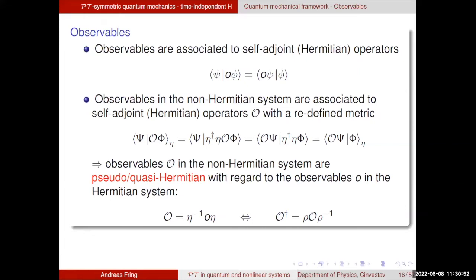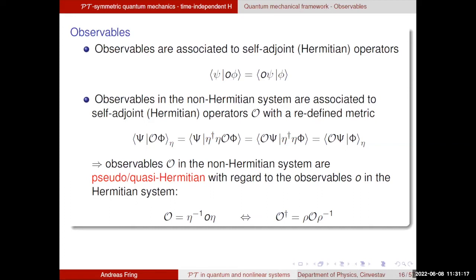So in the non-Hermitian system, the old variables are no longer observable. If you think of the example, p squared plus ix to the power 3, the p and the x, which would correspond to the small objects here, they are not observable in the non-Hermitian system. But they have to be related in the same way as the Hamiltonians.